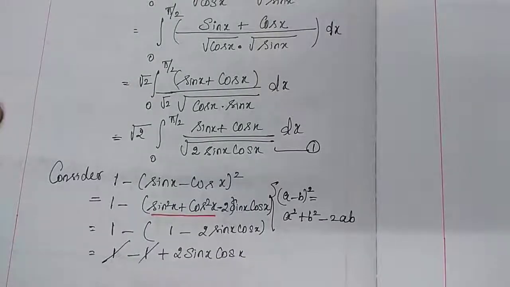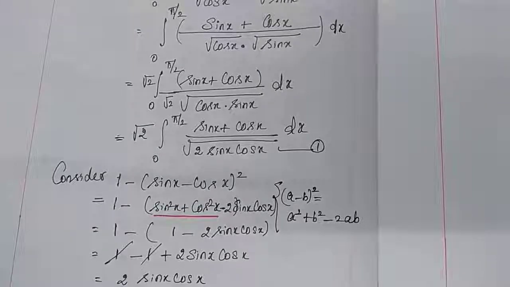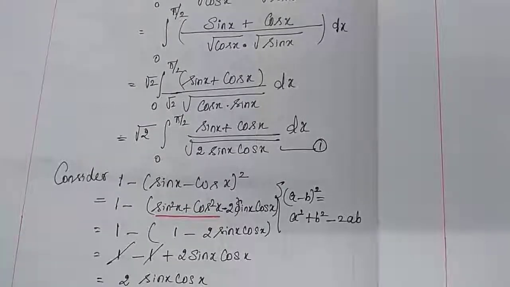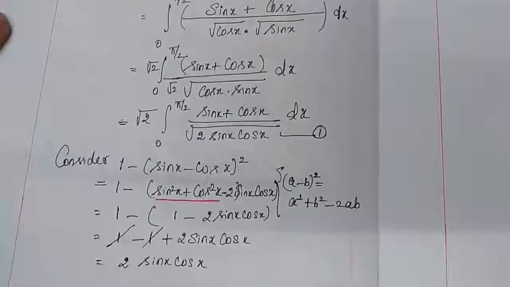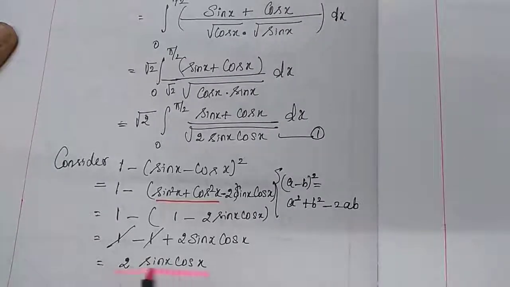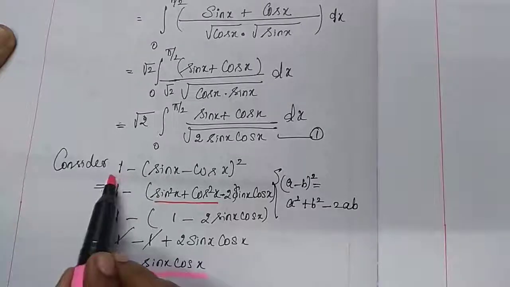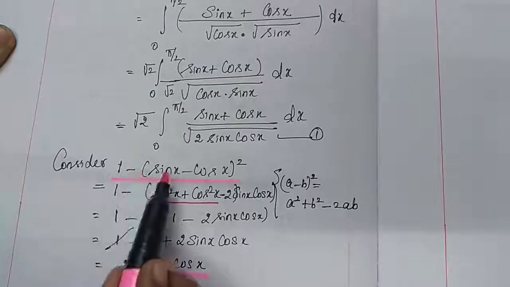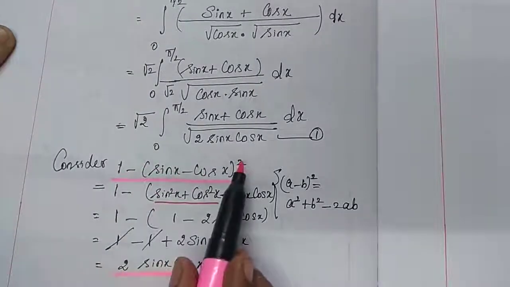The 1 minus 1 get cancelled, we get 2 sin x cos x. Therefore 2 sin x cos x is equal to the term 1 minus (sin x minus cos x) the whole square.